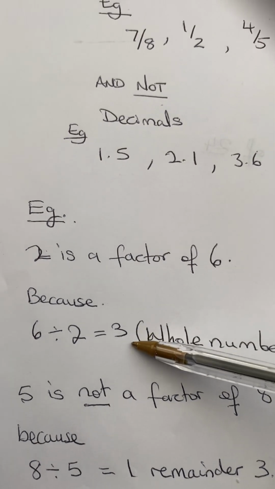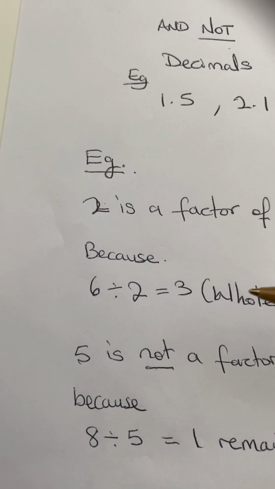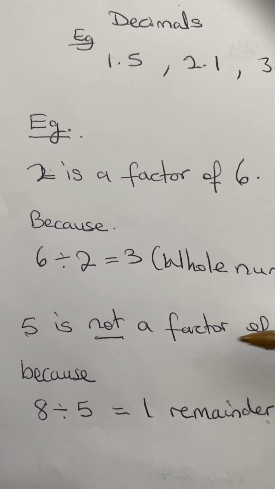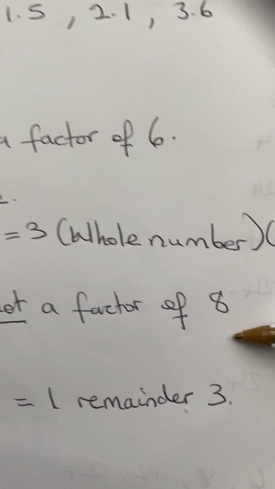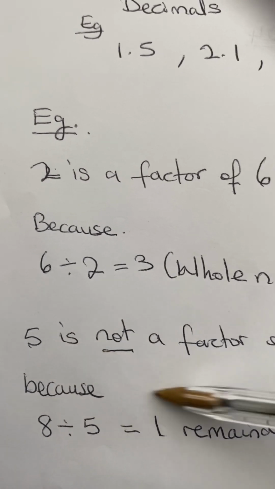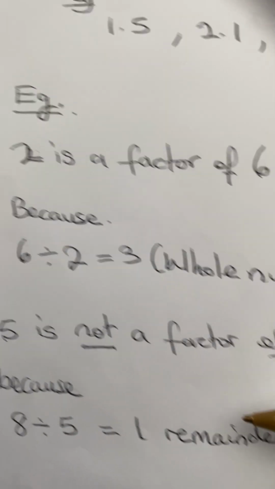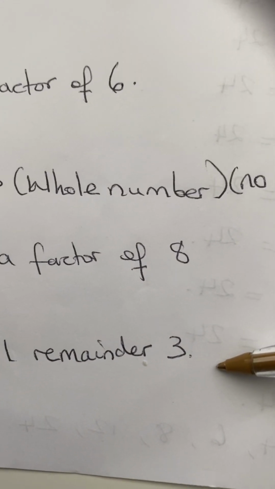So you realize that 5 is not a factor of 8. Why? Because if you divide 8 by 5, you are going to get 1 and a remainder of 3.